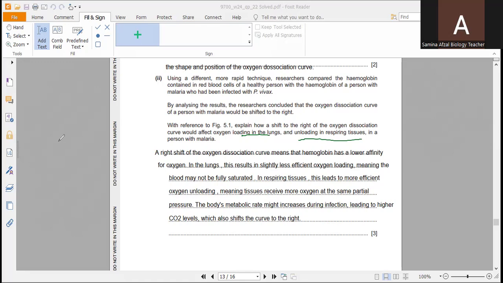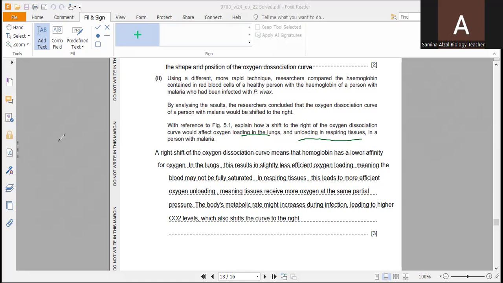So this means that the blood in a person with malaria may not be fully saturated with oxygen as efficiently as in a healthy person because the red blood cells are damaged in the person who is suffering with malaria. In respiring tissues, the partial pressure of oxygen is lower. With a right shifted curve, hemoglobin in a person with malaria will release oxygen more readily at the lower partial pressure.